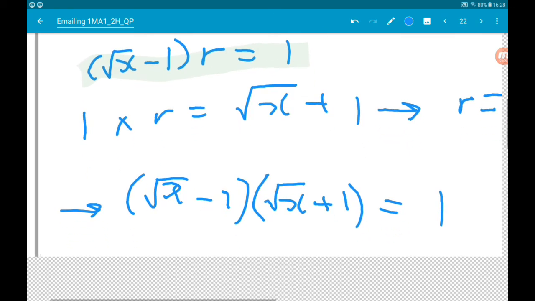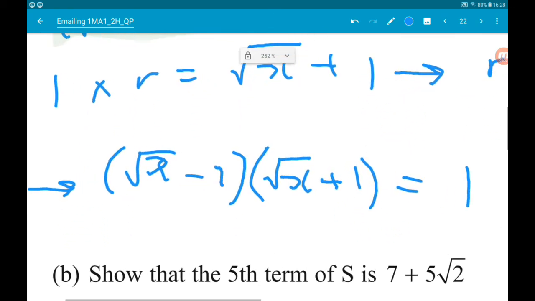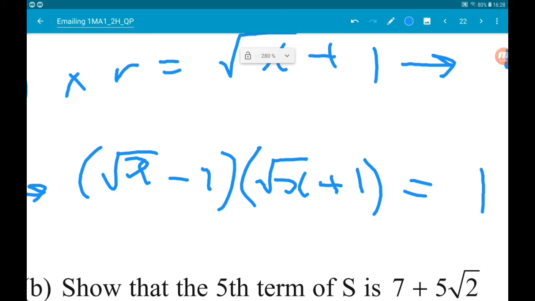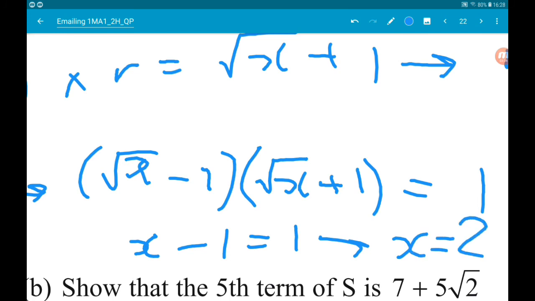Okay, now if we expand these brackets, it's quite nice. It's a difference of 2 squares, so we just get root x times root x, which is x. We get minus root x, we get add root x, so they cancel each other out. And then we get minus 1 times 1 gives us minus 1. So x minus 1 is equal to 1, therefore x is equal to 2.